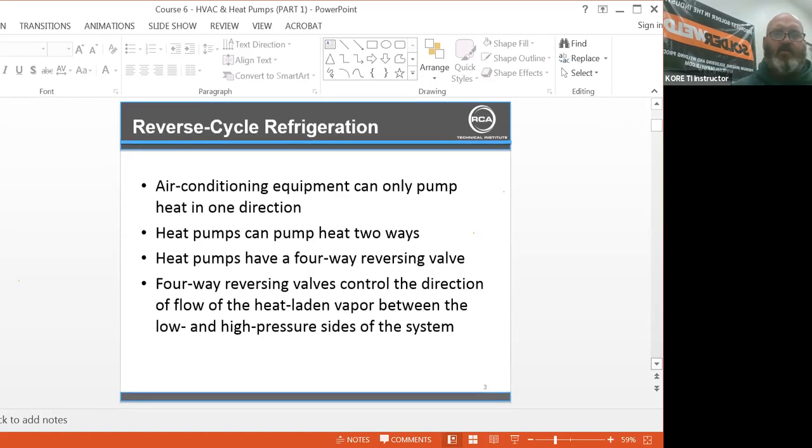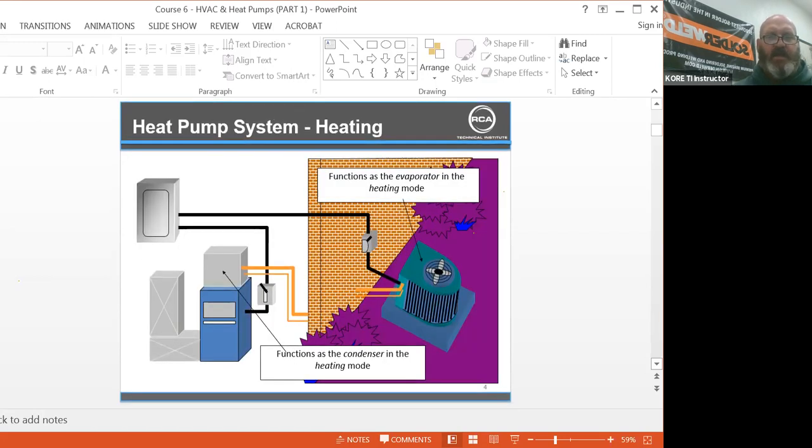Air conditioning equipment can only pump heat in one direction. Heat pumps can pump heat two ways. Heat pumps have a 4-way reversing valve. 4-way reversing valves control the direction of flow of the heat-laden vapor between the low and high pressure side of the system. Here's a diagram of a heating system.